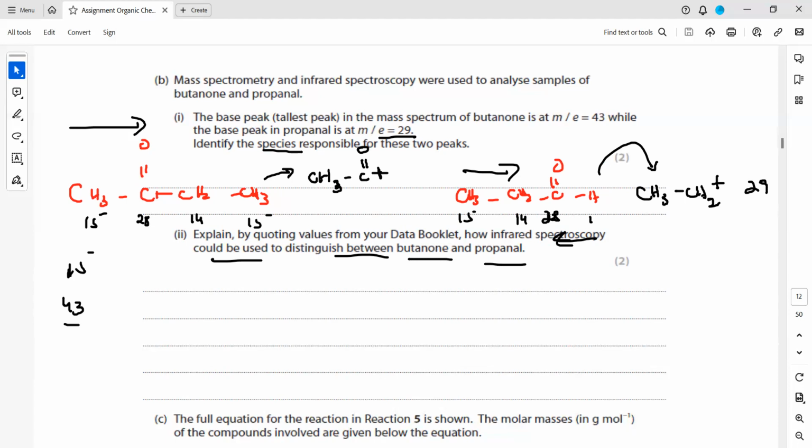Use your data booklet. Even if the bonds appear to be the same, if we have C double bonded with O and it belongs to an aldehyde, it will absorb different energy as compared to C bonded with O from a ketone.